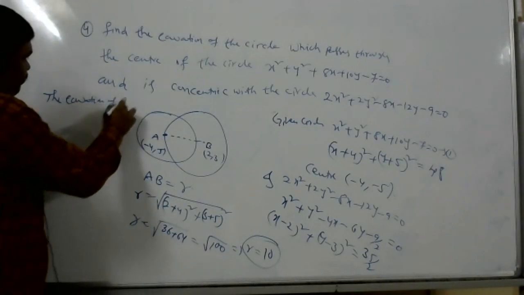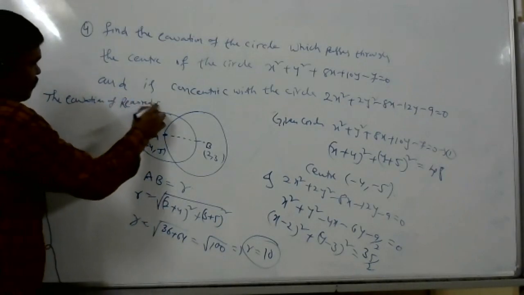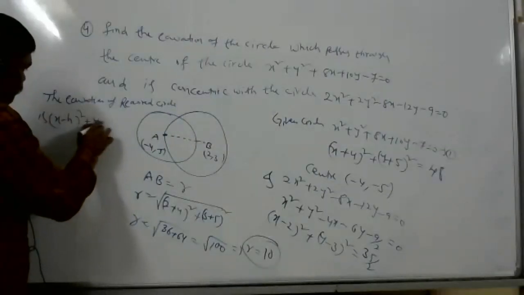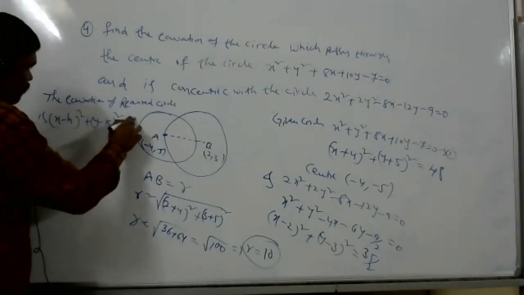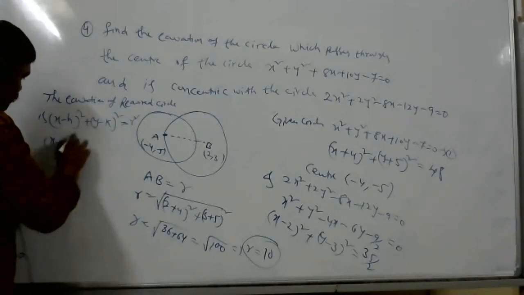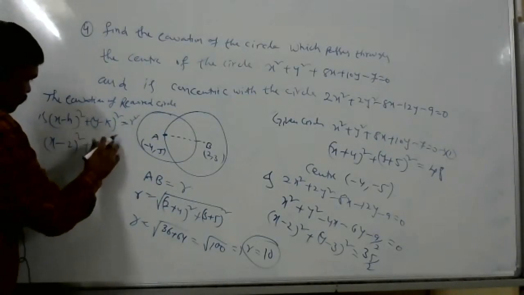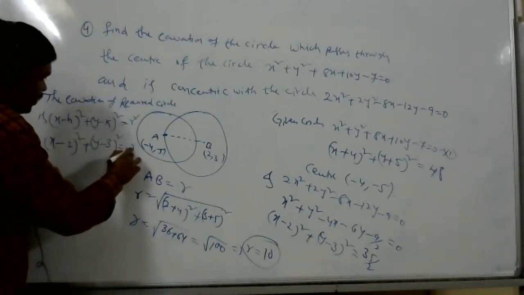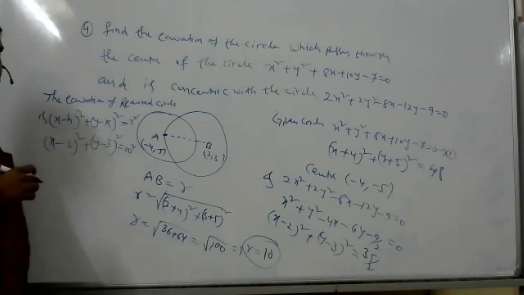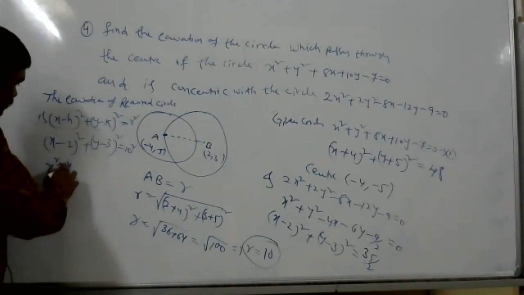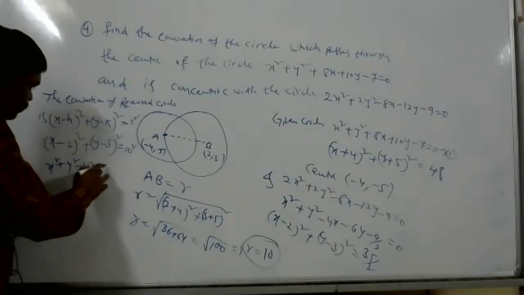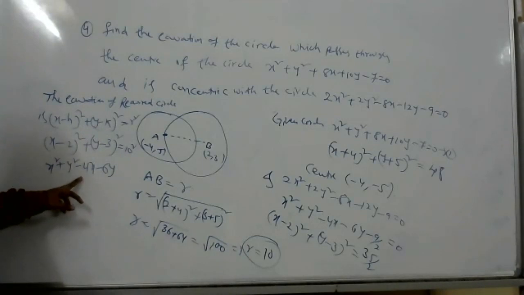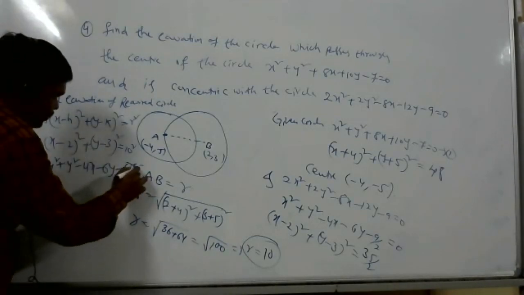Then the final equation: x square plus y square minus 4x minus 6y minus 87 is equal to 0.